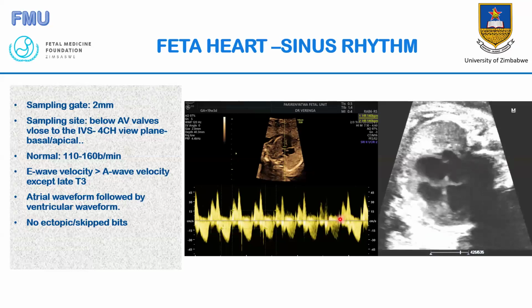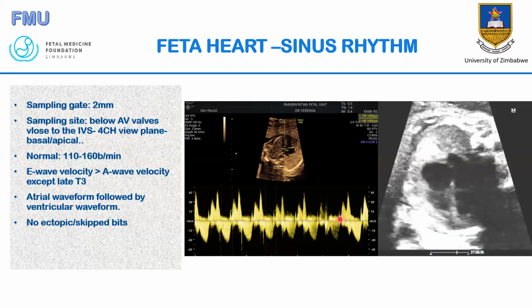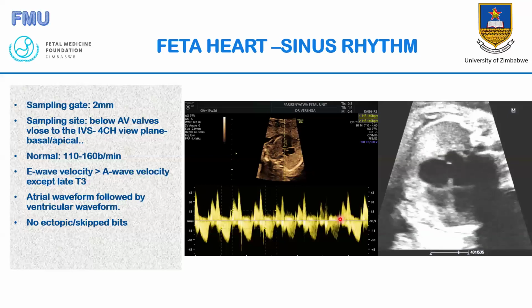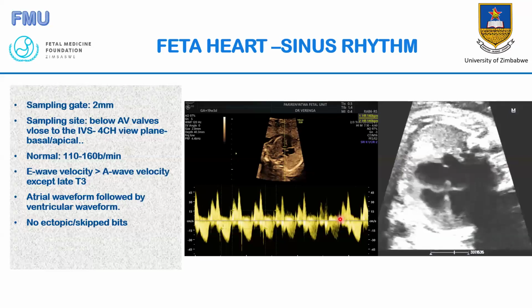But it is not normal for a 20-weeker to have a heartbeat of 112, or a 12-weeker baby to have a heartbeat of 112. That would be considered as low. So you need to understand this so that you do not have an arbitrary interpretation of the heart rate whereby you may miss defects.